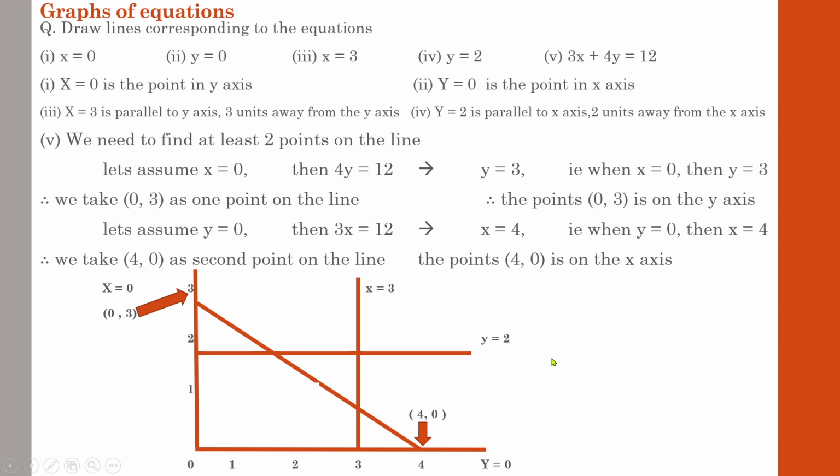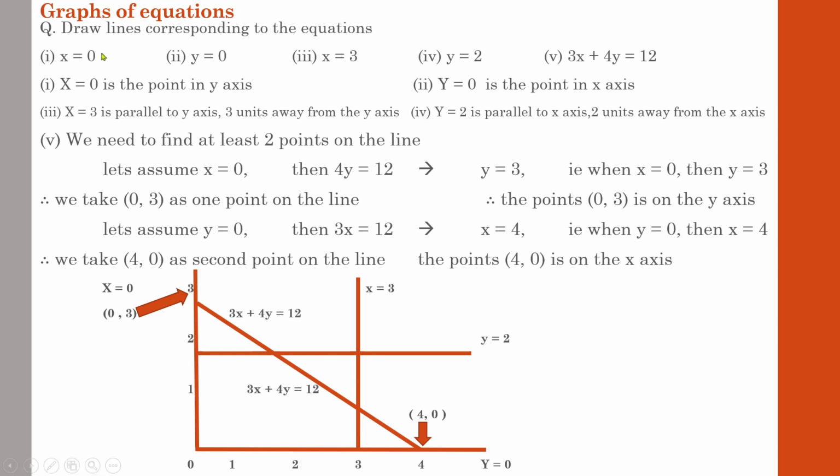So this is how you have to represent the numbers or equations in a graph. So this line represents 3x plus 4y equal to 12, and this one also, and this one represents 3x plus 4y equal to 12. So this is how you have to represent each of these variables and numbers in the form of a graph. Graph means in the form of lines.